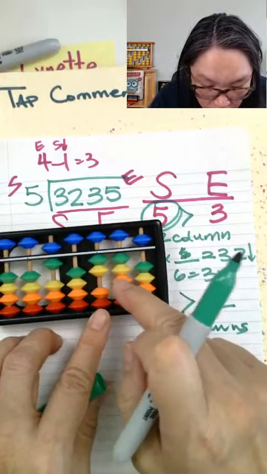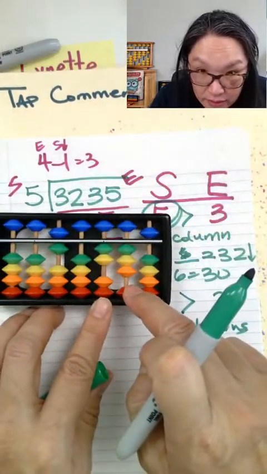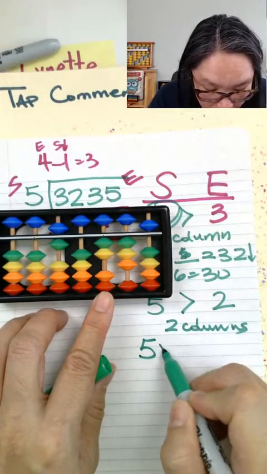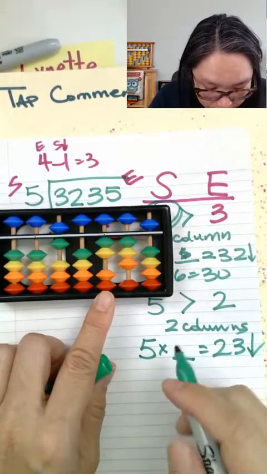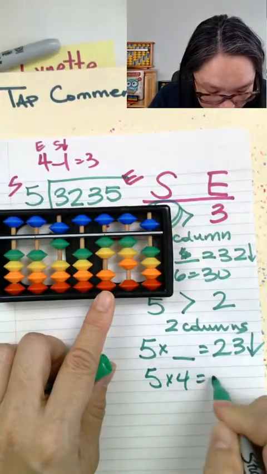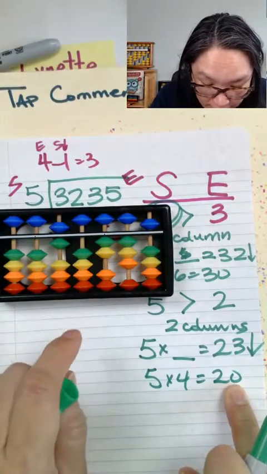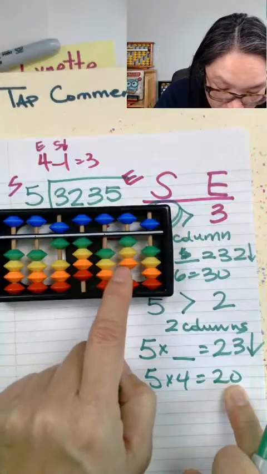These are the 2 columns I'm going to use: 23. We're only looking at 2 columns. So 5 times what is equal to 23 or less? 5 times 4 is equal to 20. That would be the closest. So I put my 4 here, and I take away 20. Take away 2, take away 0.